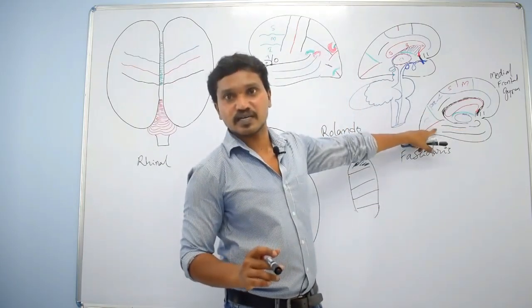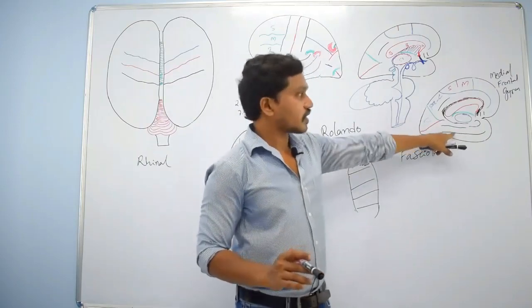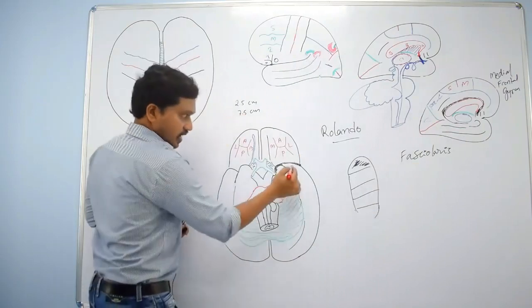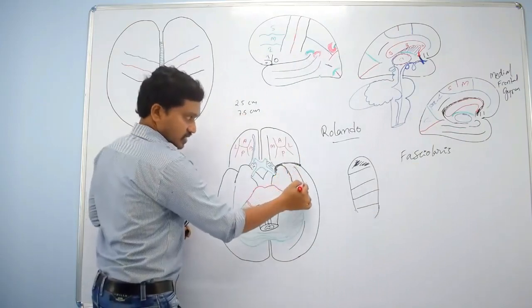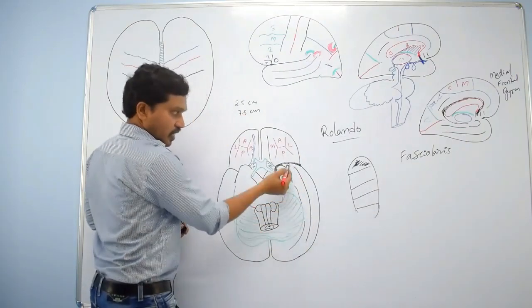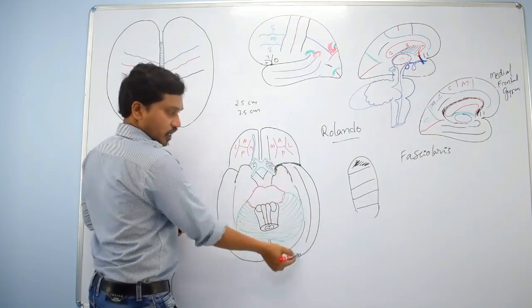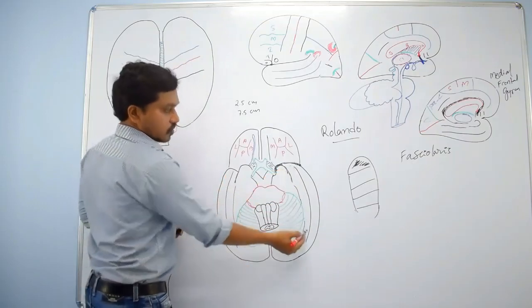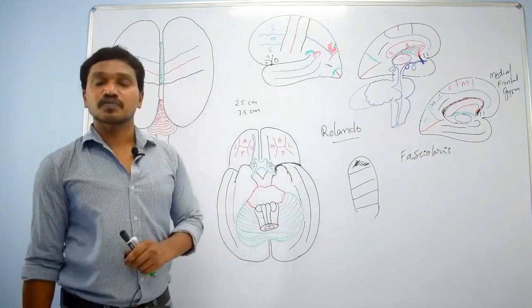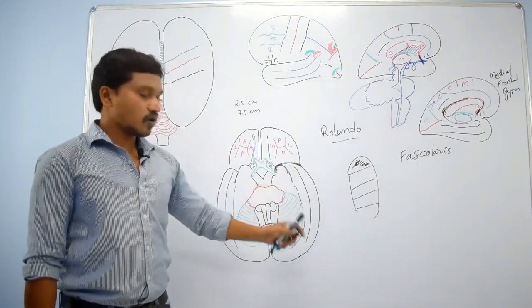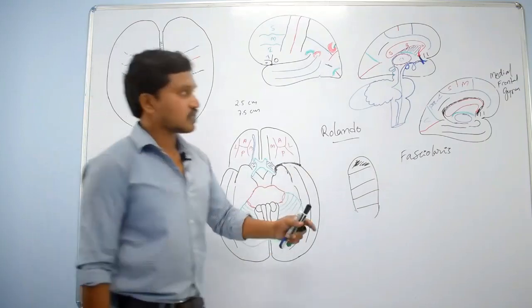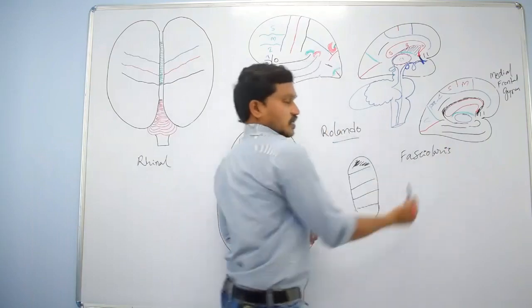Then lateral to that, there is another sulcus extending from the temporal pole to the occipital pole, the temporo-occipital sulcus.